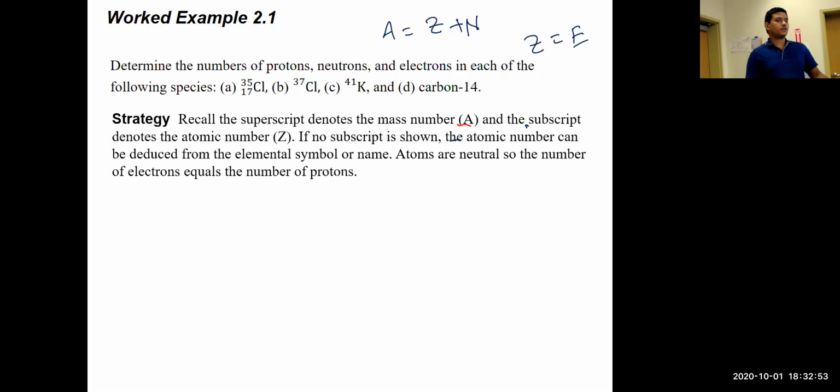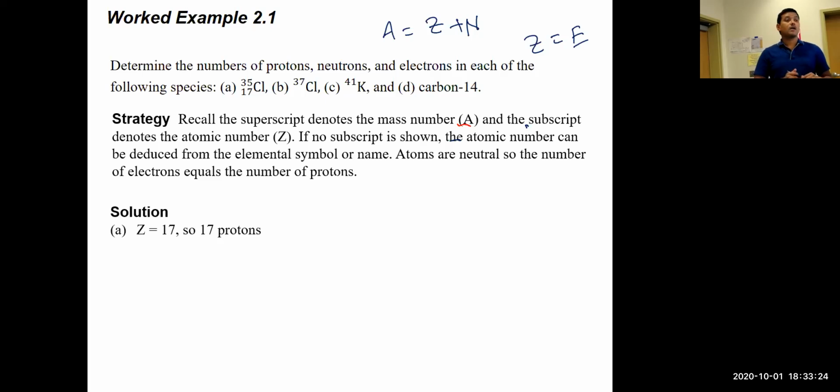Now let's look into the first problem. A says chlorine 17, 35. Which one is going to be A, which one is going to be Z? The atomic number is the smallest number available. So chlorine has atomic number of 17, so it should have 17 protons. Let's identify the number of neutrons present. Chlorine 35 means the mass number is 35.